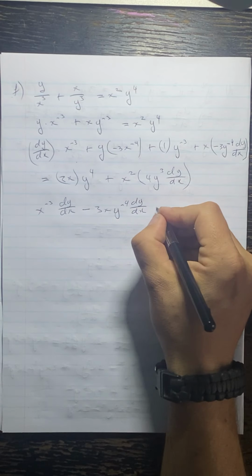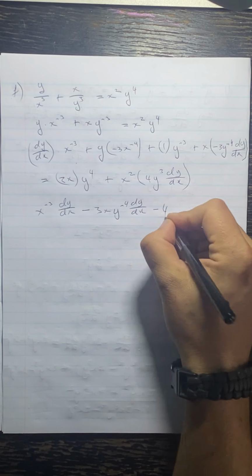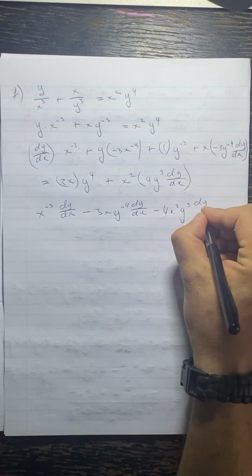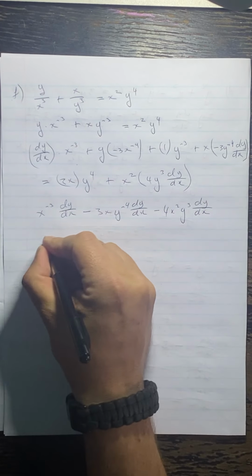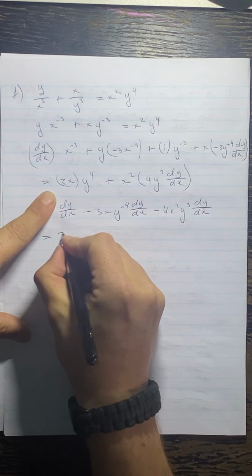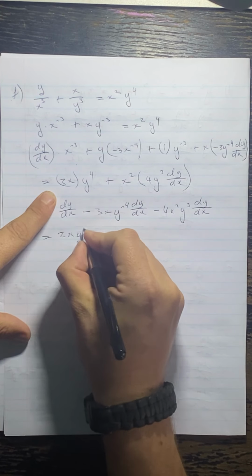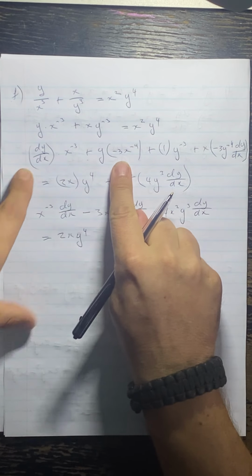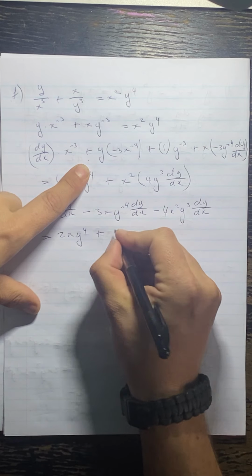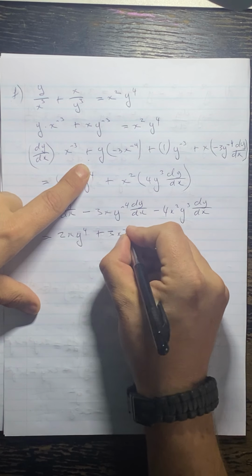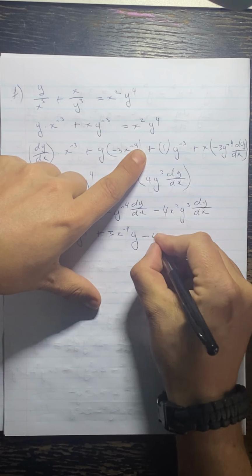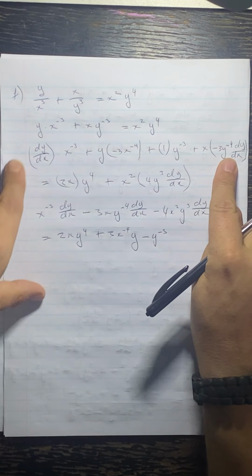And this guy can come to the side as well: minus 4x squared y cubed dy/dx is equal to. Okay, so this can stay on this side and we get 2xy to the 4. That can go to the other side, so it becomes minus plus 3x to the minus 4y minus y to the minus 3.